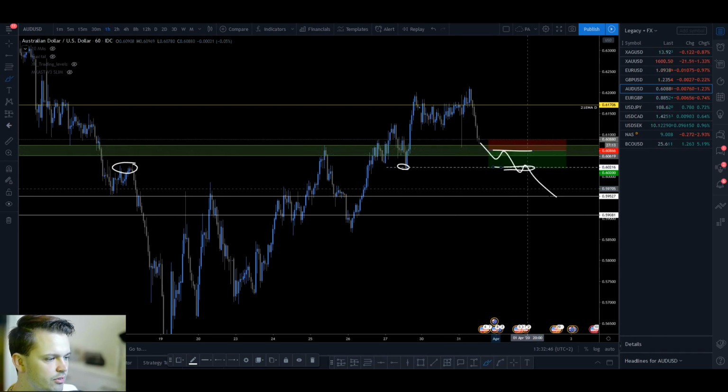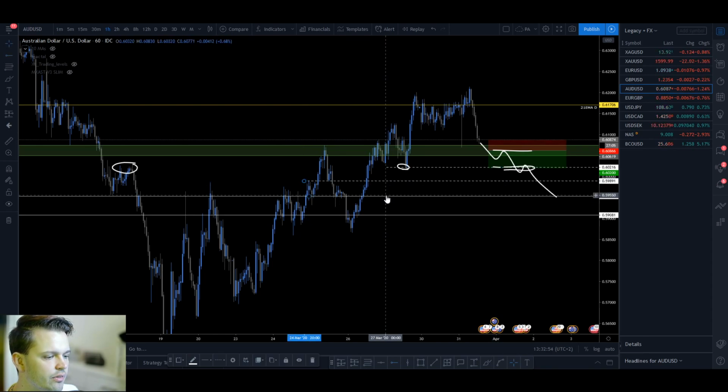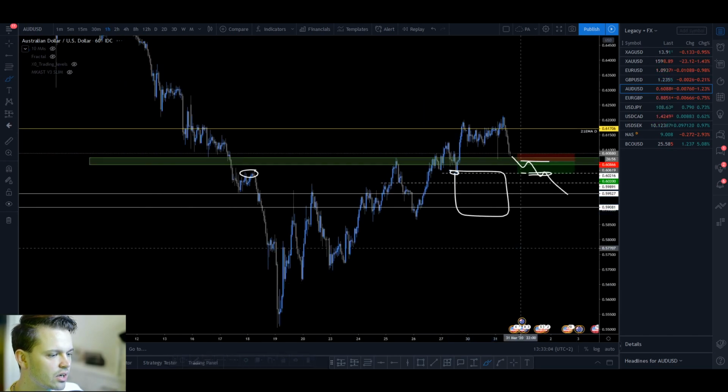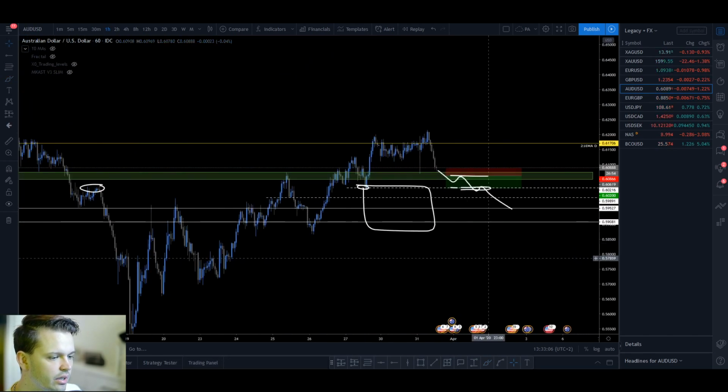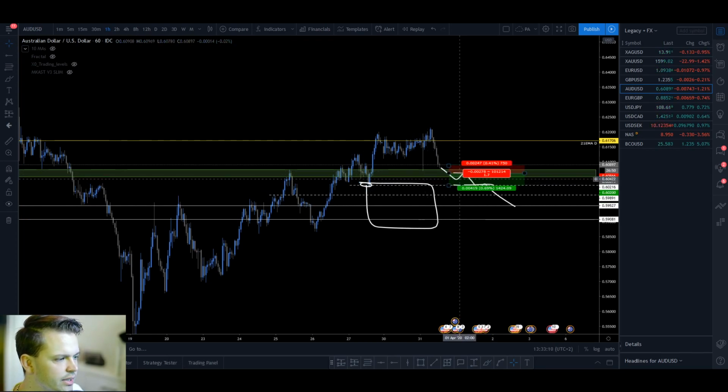So take some off here, and second target would probably be this area. Third and fourth target would be this one. And after we clear this area, I would like to add a trailing stop and just let this one develop. So that's what I'm looking at, that one.